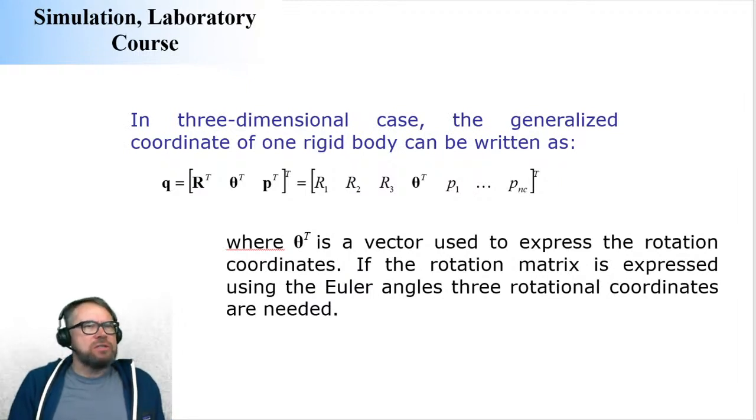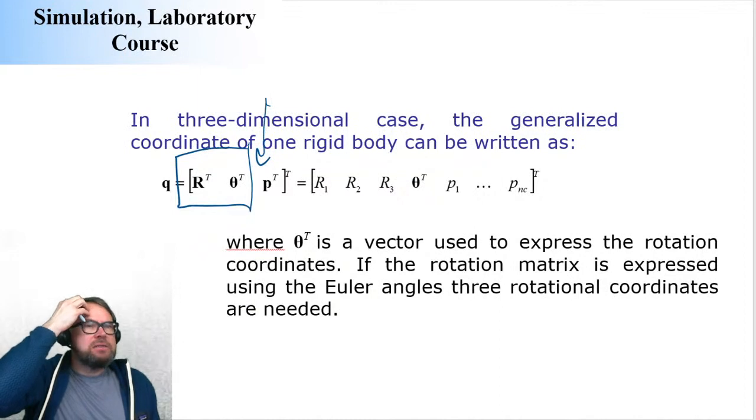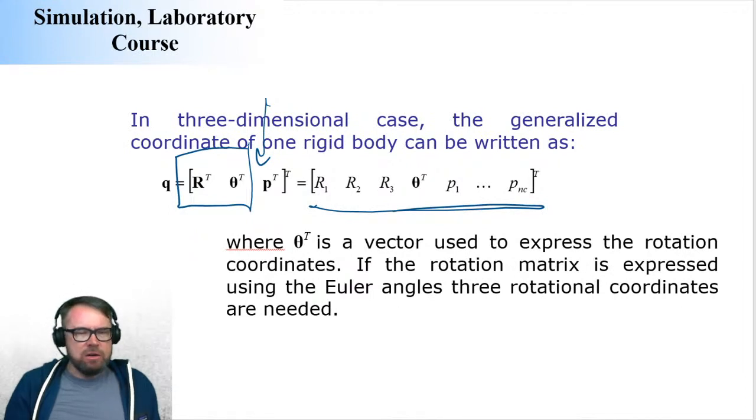Even that is no longer the same, because we have more unknowns. Initially, when you're dealing with rigid body dynamics, you have translation and rotation coordinates as your unknowns. But now, because of the flexibility, the modal coordinates are added to the vector of generalized coordinates. And this is how finally the vector of generalized coordinates looks like.